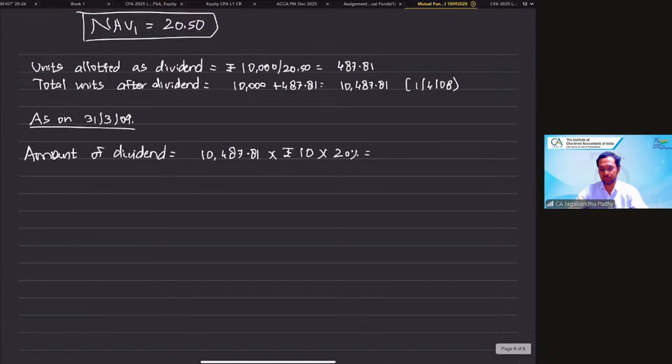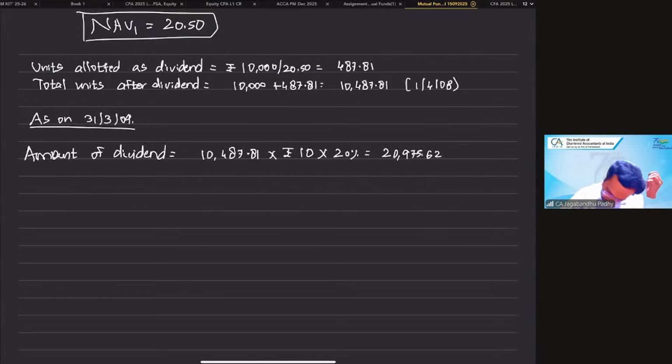So 10,487.81 into 10 and 20% is 20,975.62. That's the amount of dividend.